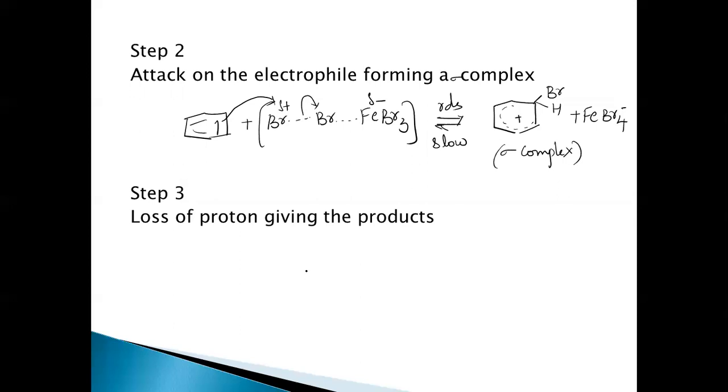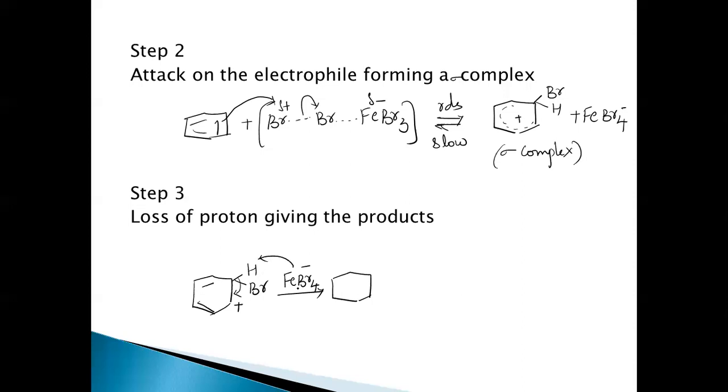The third step, it can lose a proton. That means the loss of the proton from this sigma complex, thereby giving the product. So this one is H, Br, with a positive charge here. FeBr4 minus is acting as a weak base here, thereby abstracting a proton.